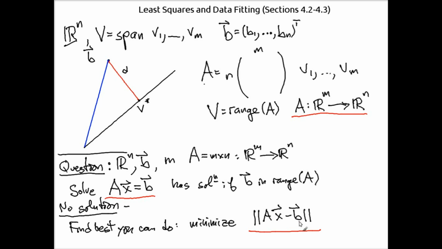If I can't solve it, well, the best I could do, if this is my b, would be to take Ax equal to v star and get this distance. So minimizing this is exactly the same question. All I've done is restate it in a slightly different way.